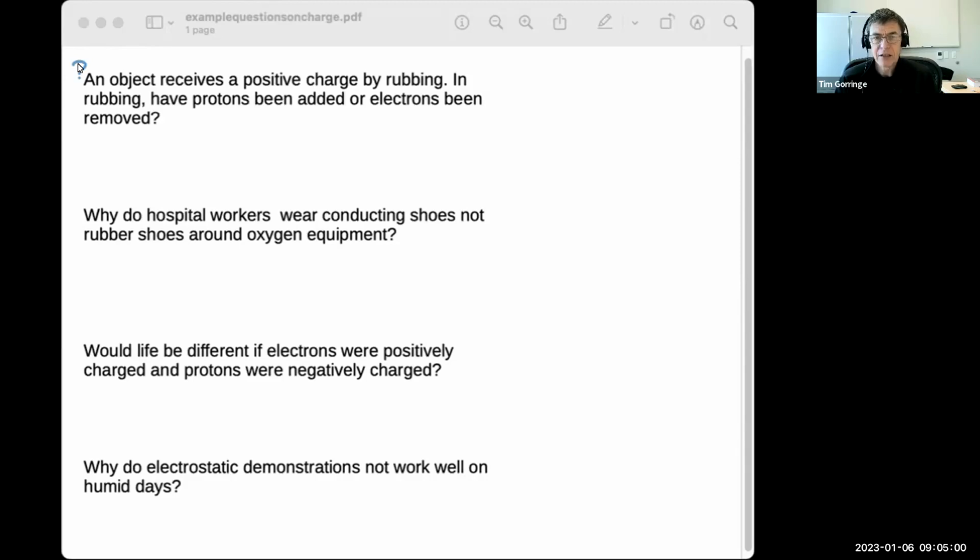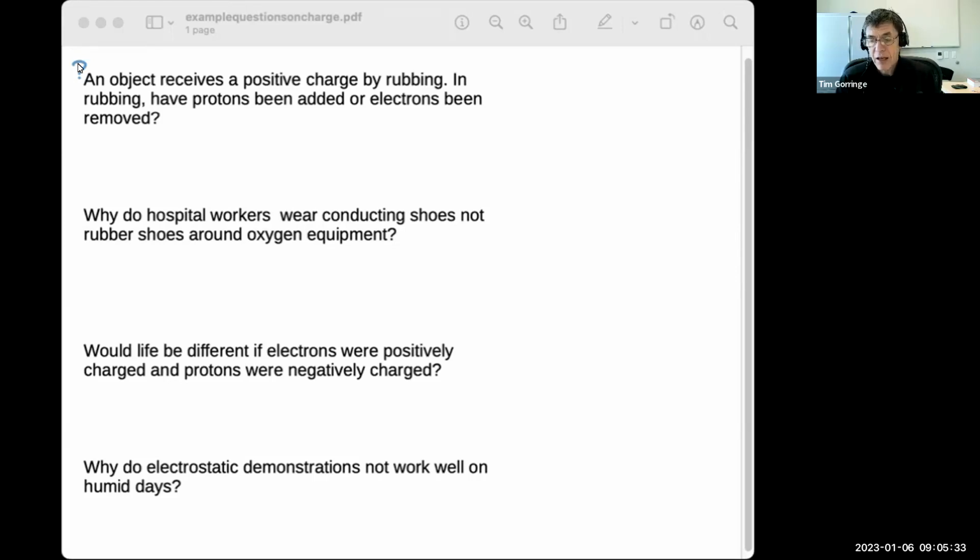So why is it that electrons are transferred, not protons transferred? Well, the reason is that electrons are comparatively loosely bound to the atoms or the molecules of the material. And electrons are also comparatively very light. So because they're loosely bound and because they're light, they're relatively easy to transfer to and fro between materials.